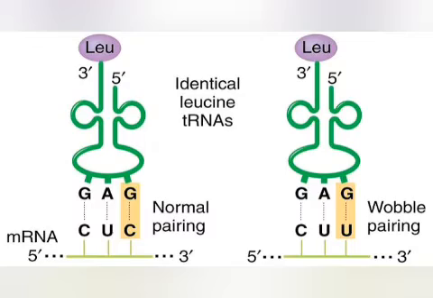Okay. Next, genetic code is unambiguous. Very, very important.